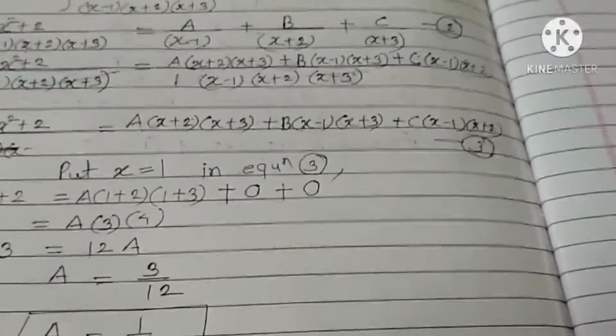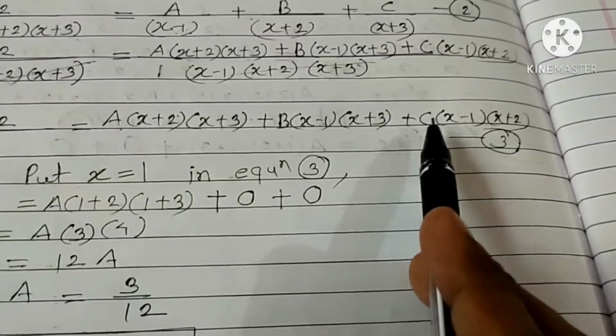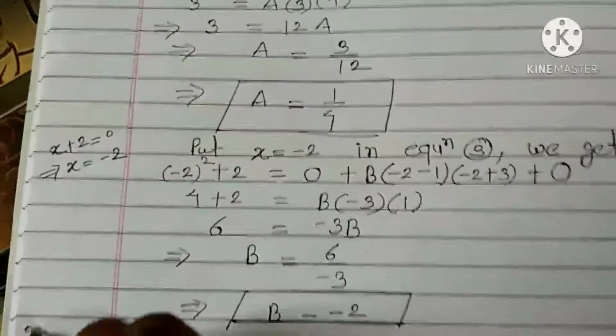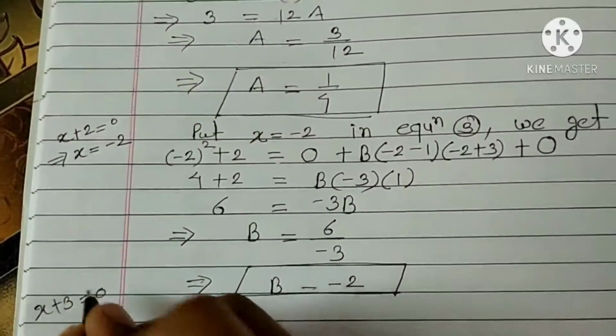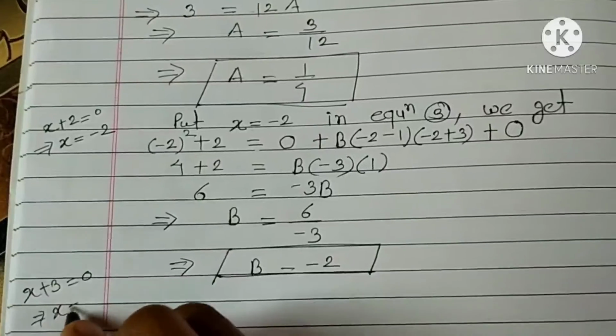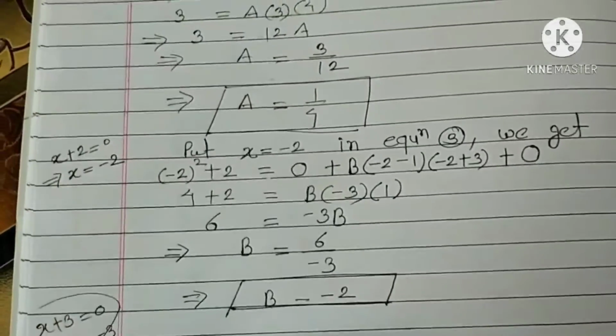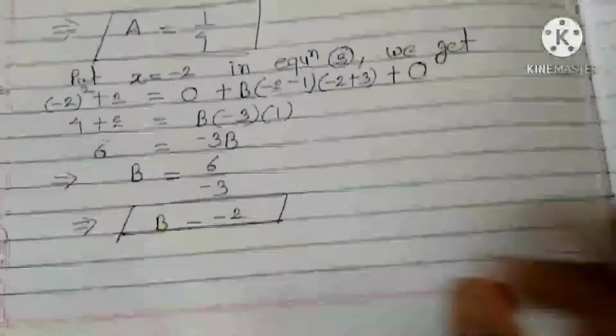Now we want to find the third part, that is C, or the third unknown. Here x plus 3. So take x plus 3 equal to 0. Then it will become x is equal to minus 3. So put x equal to minus 3 in equation 3, we get.